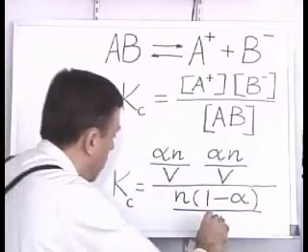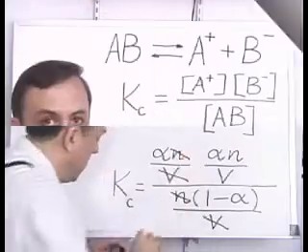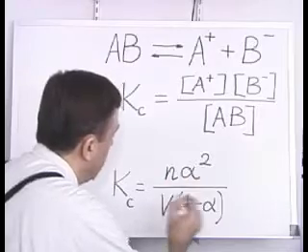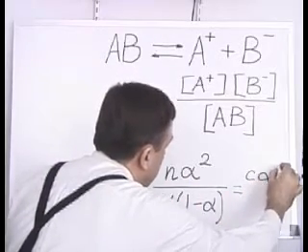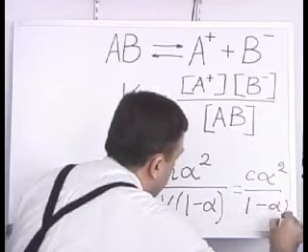And obviously, we can cancel out these quantities. And we obtain the following expression, which obviously, because n over V is the concentration, can be written as concentration times alpha squared over 1 minus alpha.